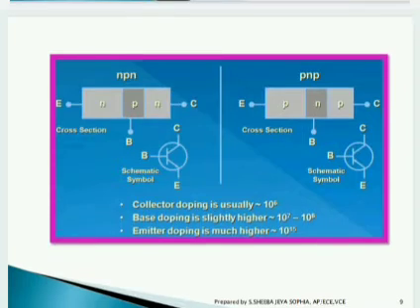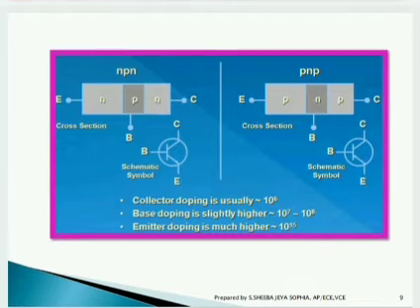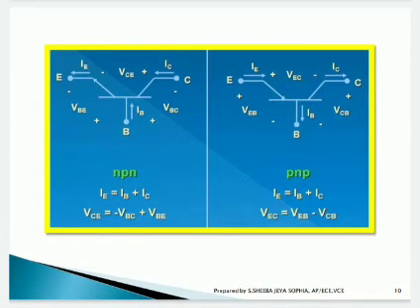This is the corresponding circuit diagram of NPN and PNP transistor as well as their symbolic representation. You can see here how the current flows through this circuit. In NPN, from the collector side, the input is given, and from the emitter side, the output is taken.